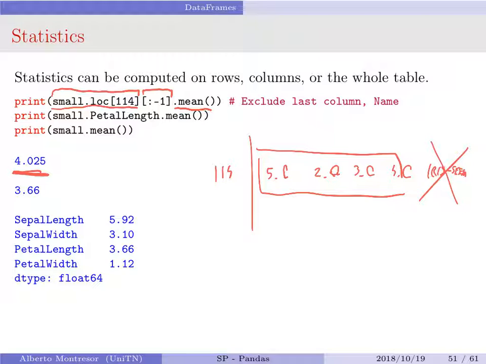If you want to do it on the columns, it's much simpler because you can take the data frame, take just the column name, and this is the quick version of that, and it gives you a series, and then you can apply mean.